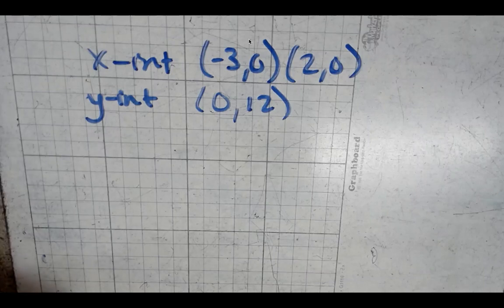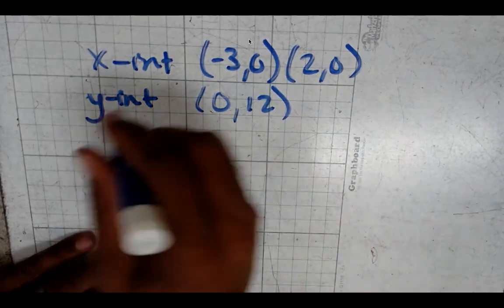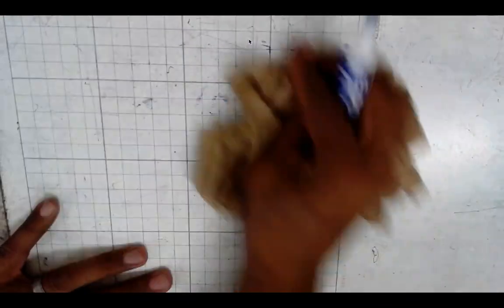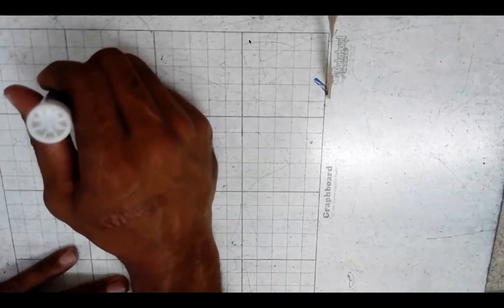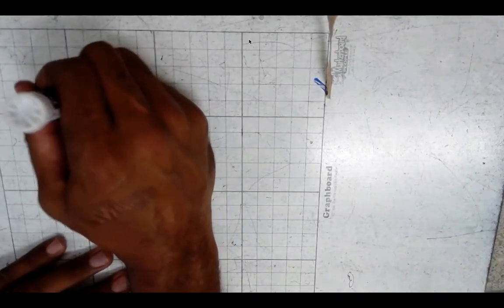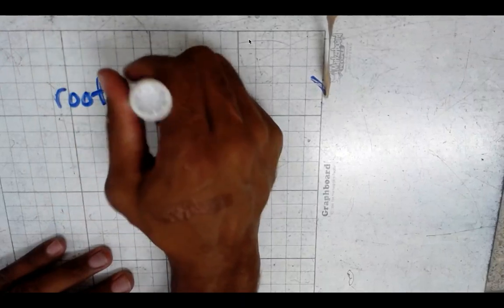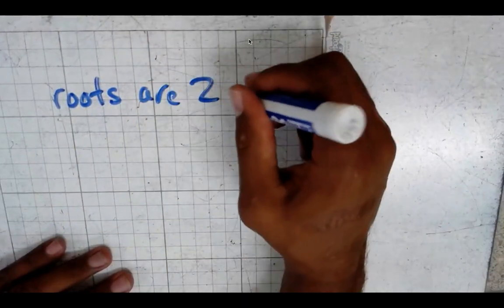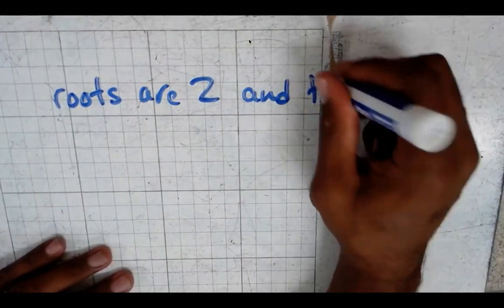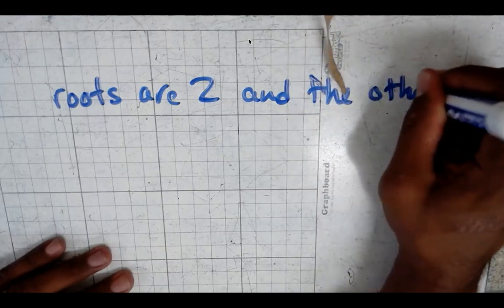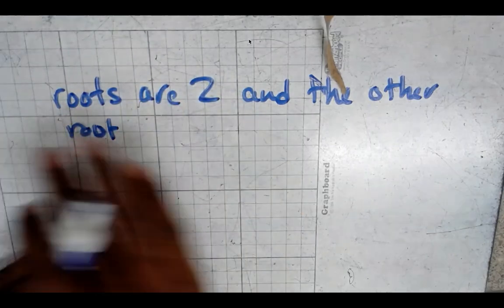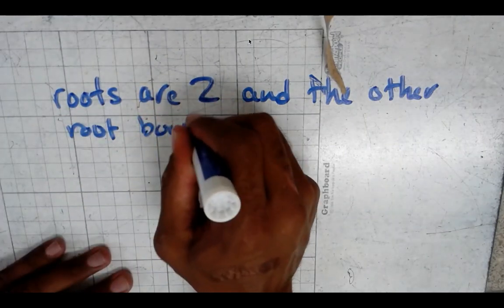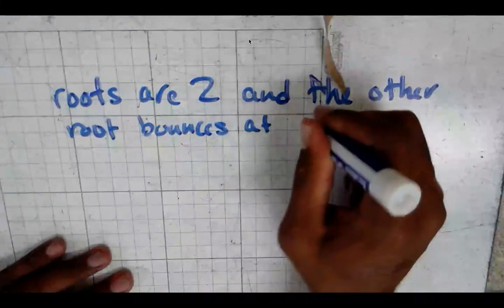And also, on a side note, after you find this equation, let's just say that it gives you the roots: one root is 2 and the other root bounces at minus 5.